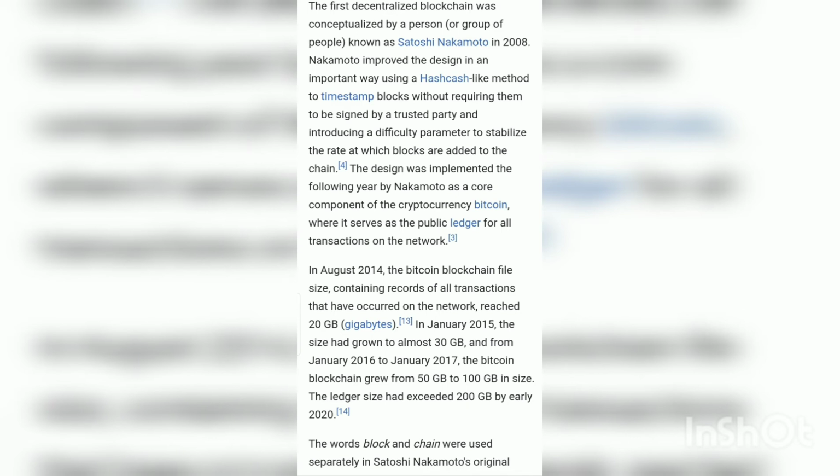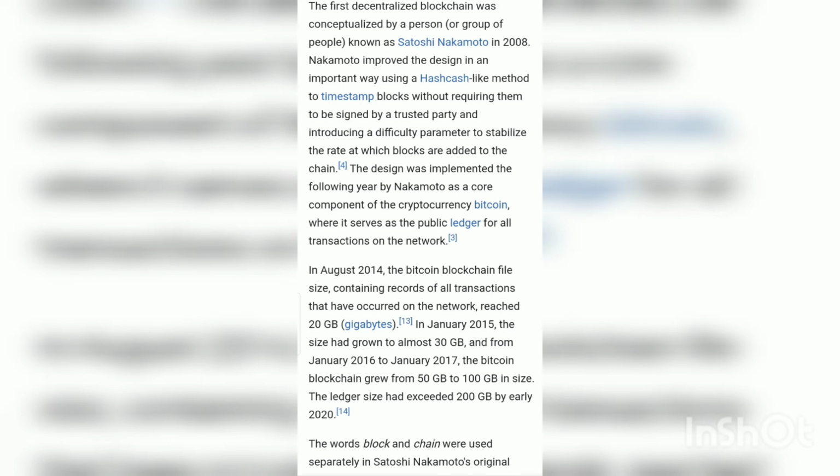The design was implemented the following year by Nakamoto as a core component of the cryptocurrency Bitcoin, where it serves as the public ledger for all transactions on the network.